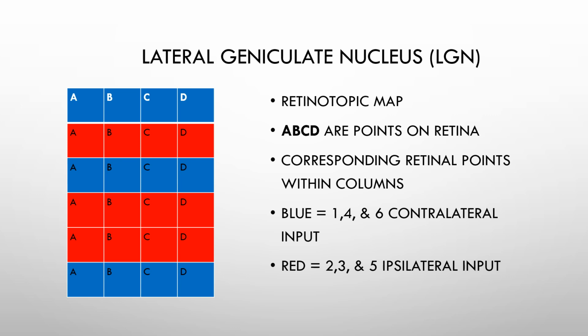That's going to be information coming in from the ipsilateral eye, so the eye that's on the same side of the brain. And again, that gets shuffled together beautifully and amazingly such that the point A in space matches up between those 2 eyes, and in those separate layers, we have those points matching up. So corresponding retinal points are going to be within a particular column in the lateral geniculate nucleus.